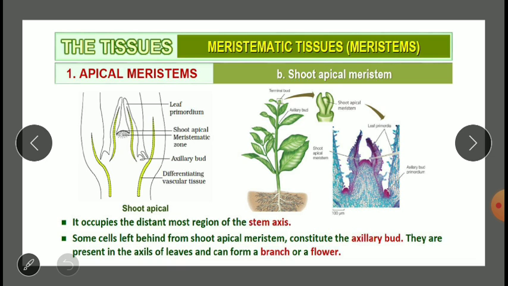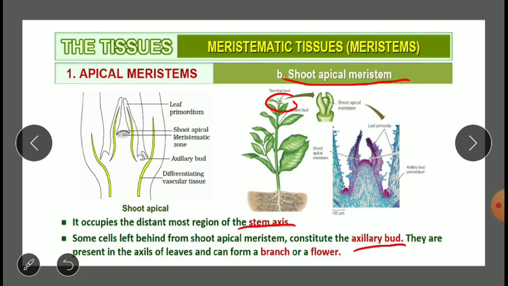Whereas those present at the shoot, occupying the distal most region of the stem axis, that is at the tip of the stem, are called the shoot apical meristem. Some cells left behind from the shoot apical meristem form the axillary buds.